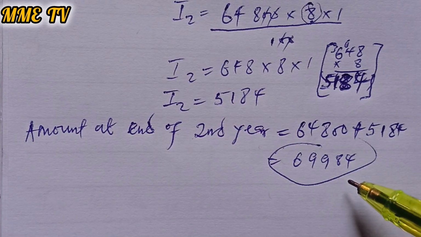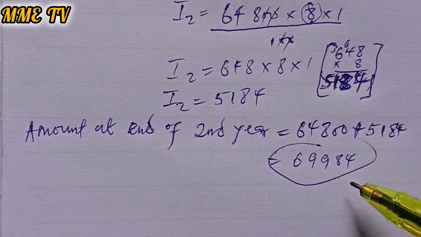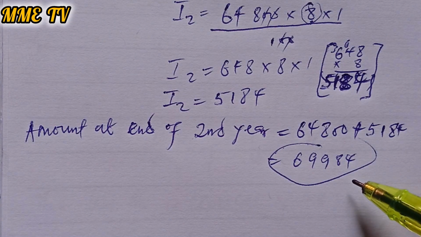The end point now is that we are going to do the final calculation, which will lead us to the final answer we are looking for under this compound interest. Do you understand what I'm saying?